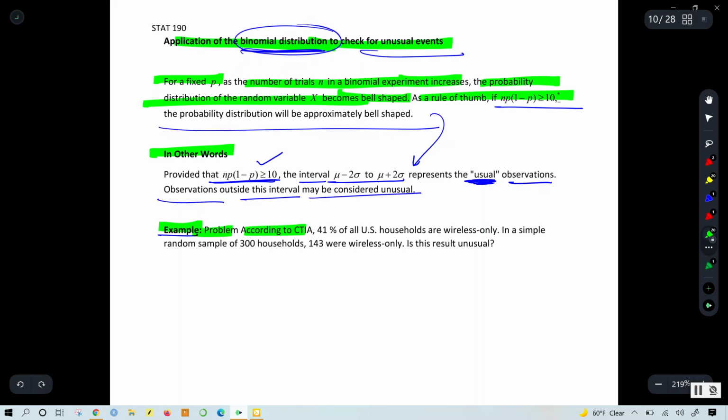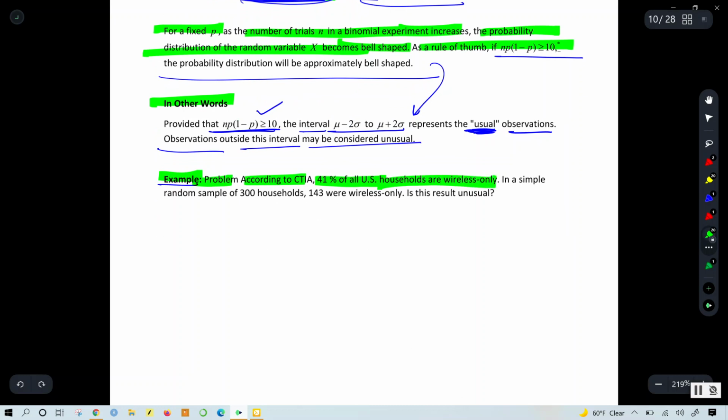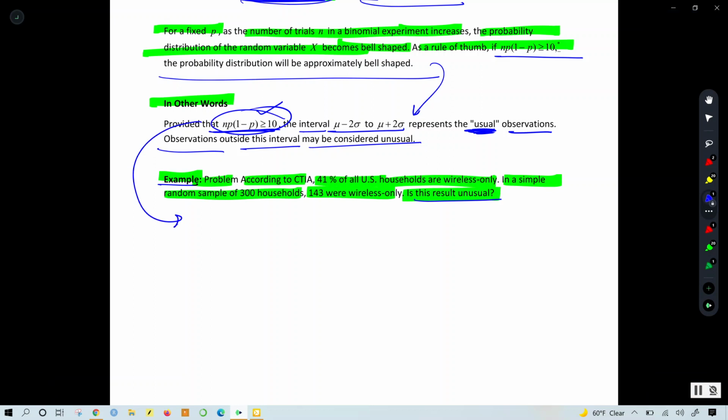According to CTIA, 41% of all US households are wireless only. In a simple random sample of 300 households, 143 are wireless only. Is this result unusual? In order to check if this result is unusual, we're going to first check this condition to see if it is met by this binomial experiment.